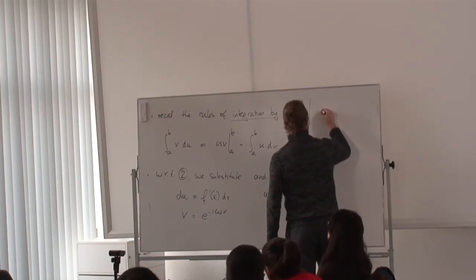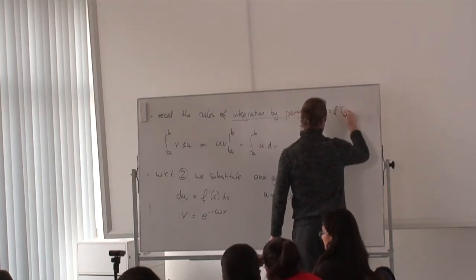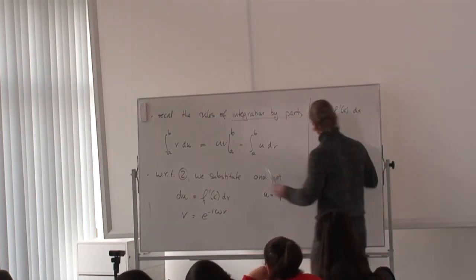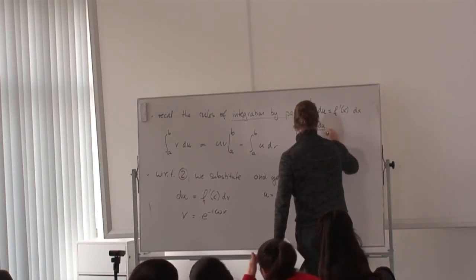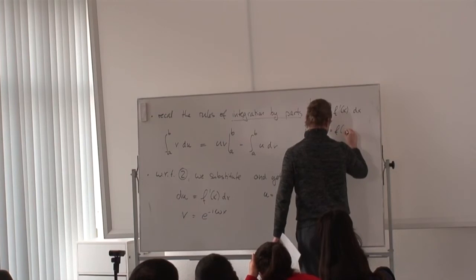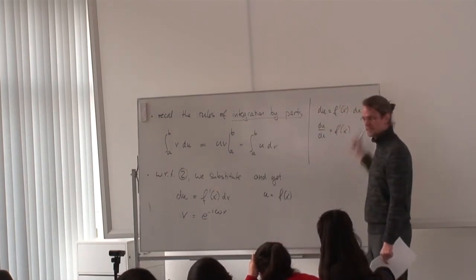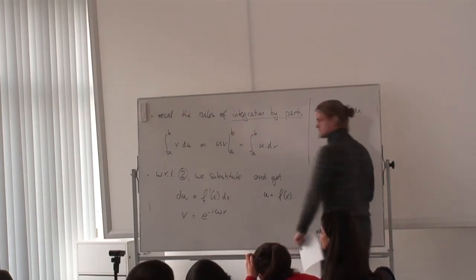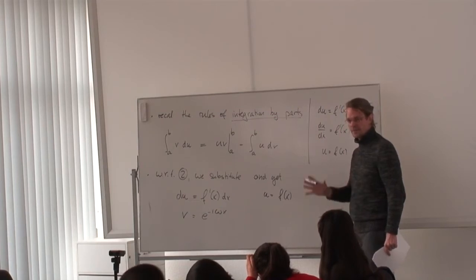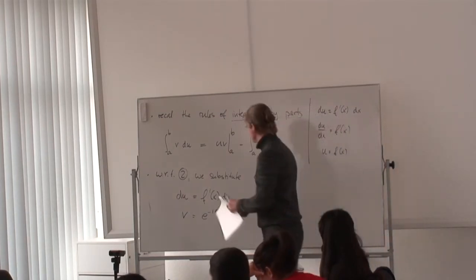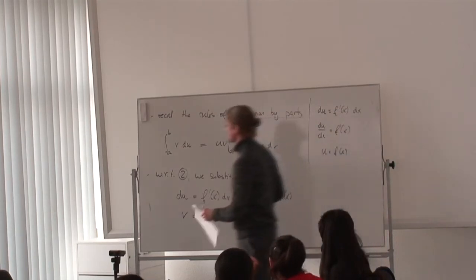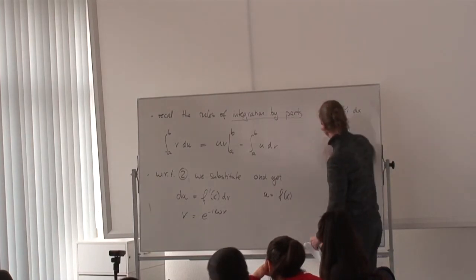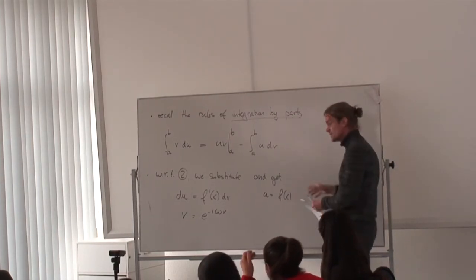We said du is f prime of x dx, which is, and mathematicians will now get a heart attack, but let's do it anyway, the same as du/dx is f prime of x, right? You can accept that. But this is to say that u is f of x. If you're a mathematician, please excuse this. We're doing applied mathematics, this is good enough. And it's true. Even though this is fishy, it's okay. This really holds.